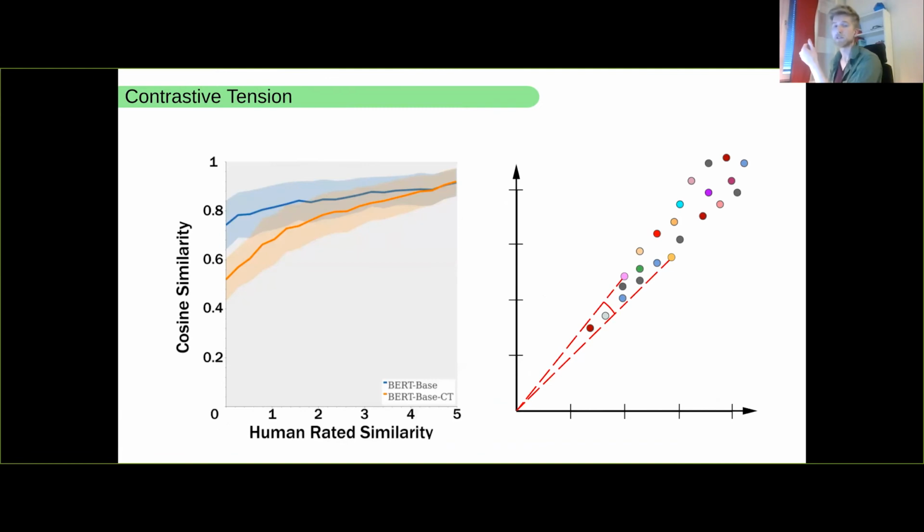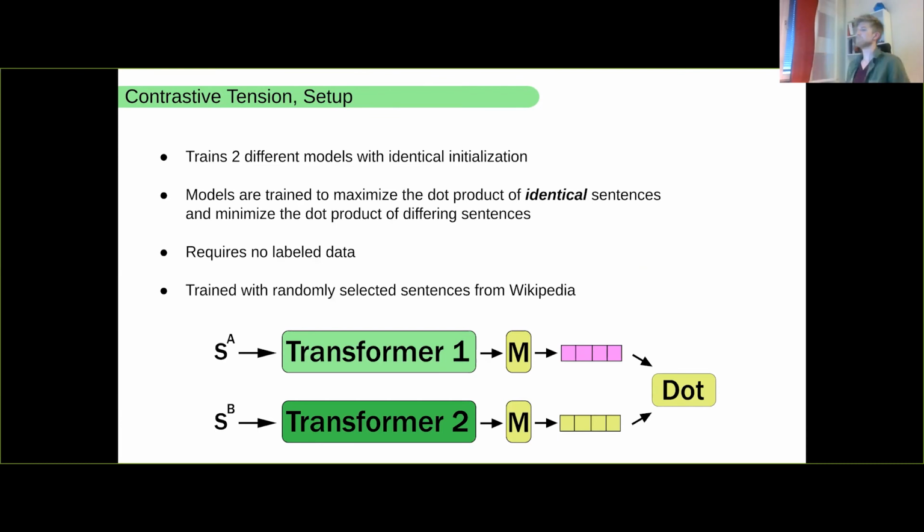Any more questions? Yep. Do you think, if you put in both versions of combining the sentences to the model, so you had sentence A to transformer A and sentence B to transformer B, and then you try to get them to get different representations.